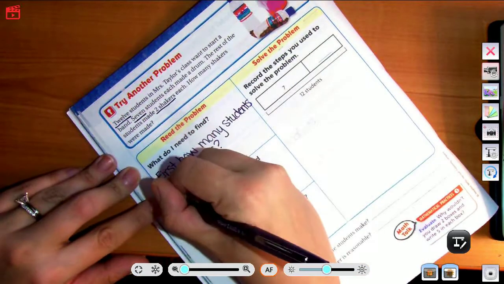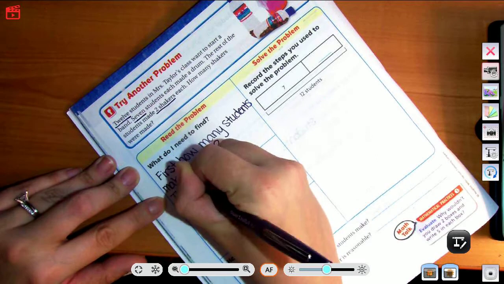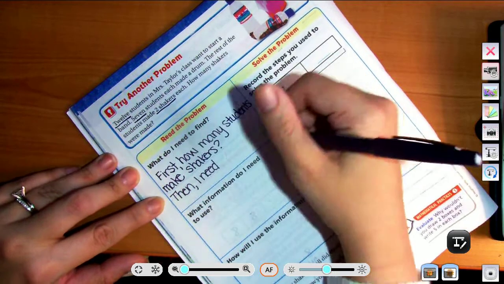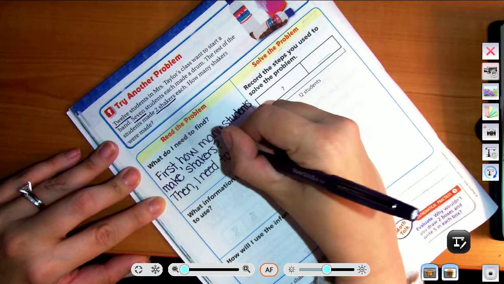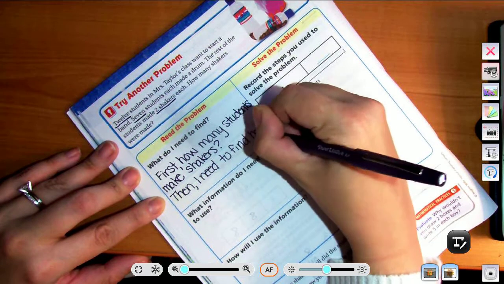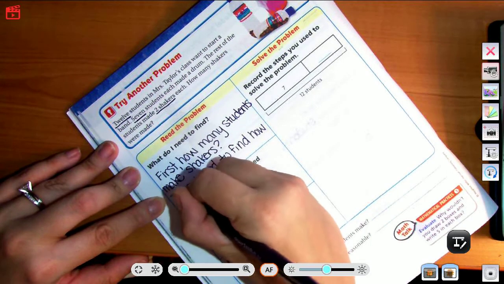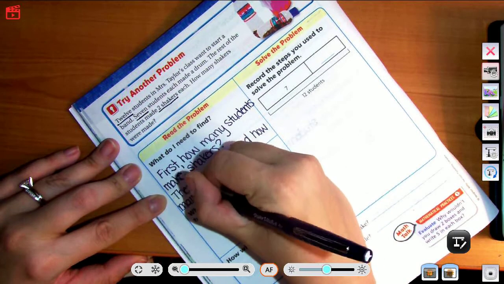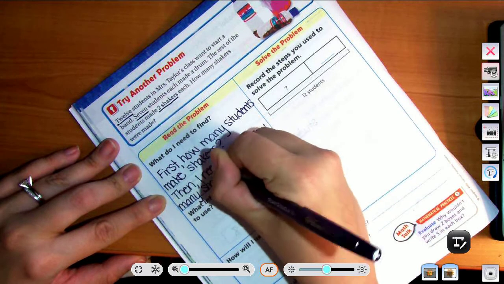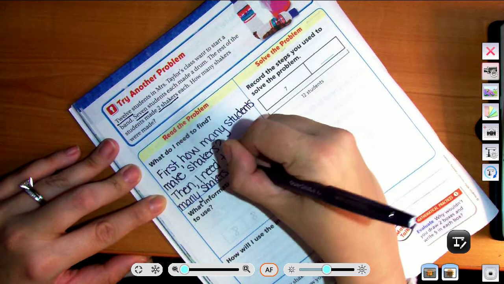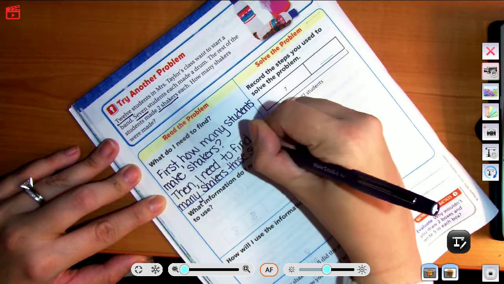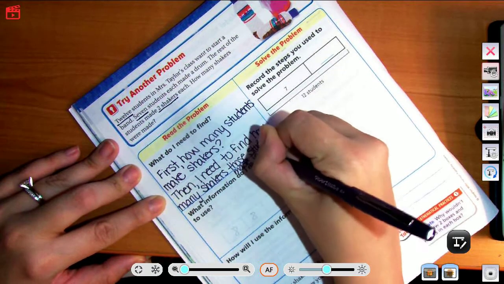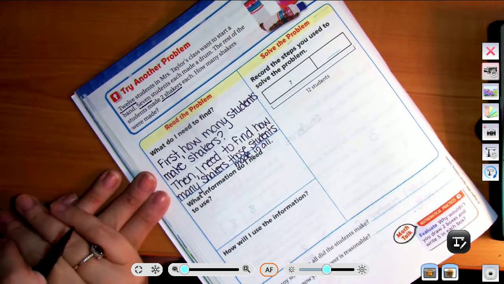Okay, again, using my sequencing words. Then, comma, I need to find how many shakers those students made in all. Okay, so what information do I need to use?